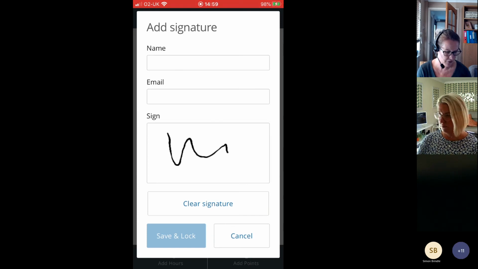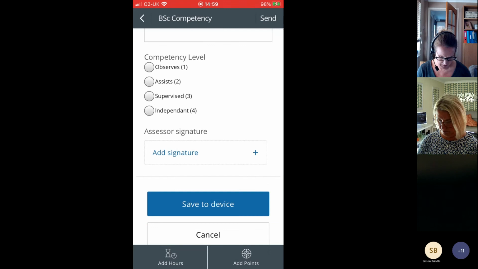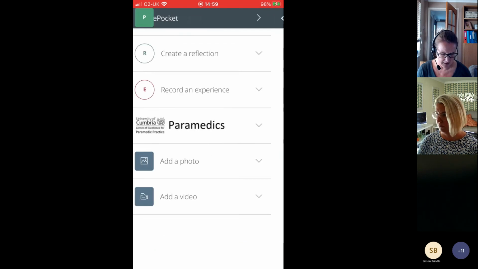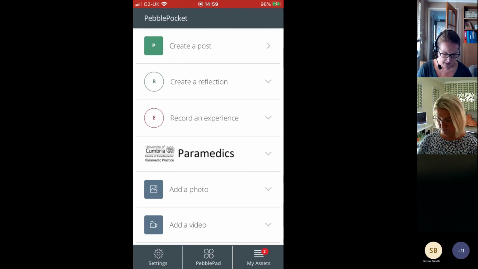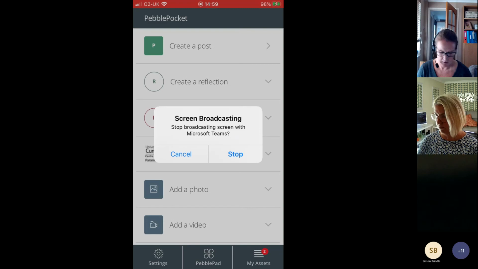You can draw on the screen or tap, and then that gets saved up by the student to their PebblePad. So I did one of these yesterday, and then I uploaded it to my PebblePad. Let me show you what happens.